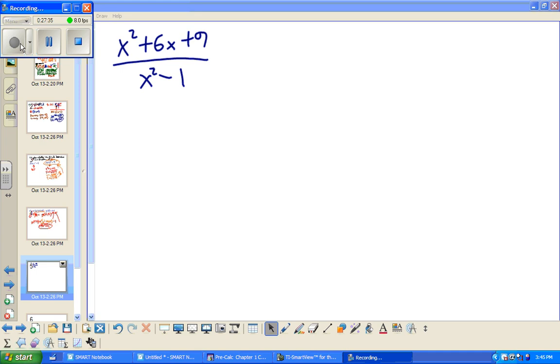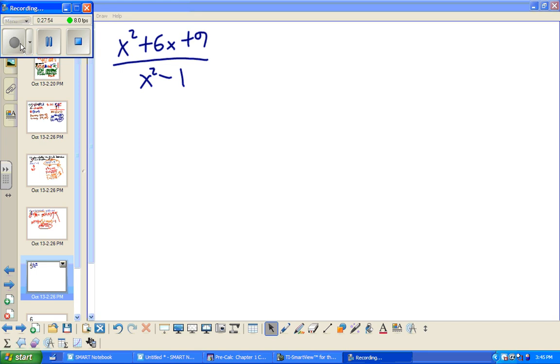Another thing I wanted to do is take a look at a function where we can look at just focusing on the asymptotes. So here's a function, say y equals x squared plus 6x plus 9, that entire quantity divided by the quantity x squared minus 1.